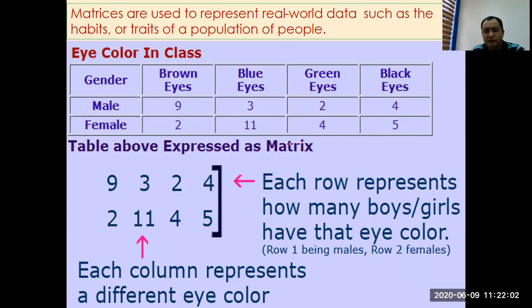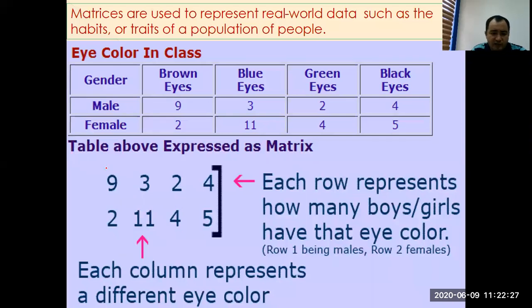Now you have 4 different tables, right? 4 tables which display what? Eye colors of the students, 2 different genders, male and female. Now the question comes. How many students in grade, let's say 10, have brown eyes? To answer this question, we have to add those 4 matrices, right?